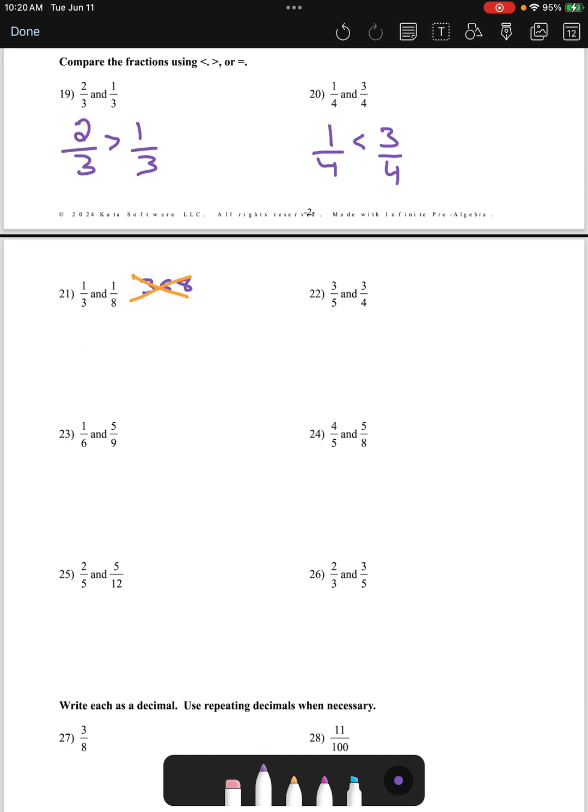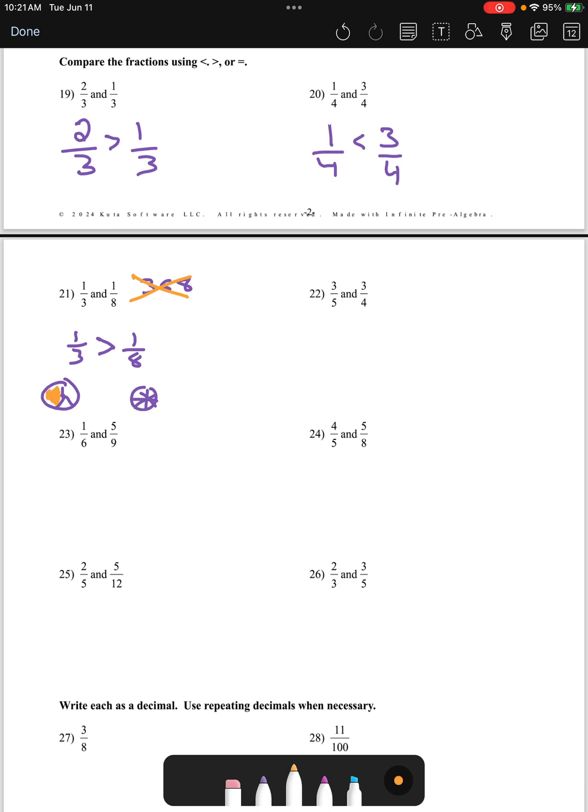What I mean by that is, if you normally compare 3 and 8, you would say 3 is less than 8. But since we're comparing them as denominators, we have to reverse our thinking. When the numerator is the same, the smaller denominator is actually going to give you the greater value.